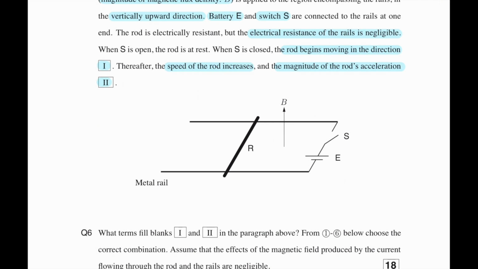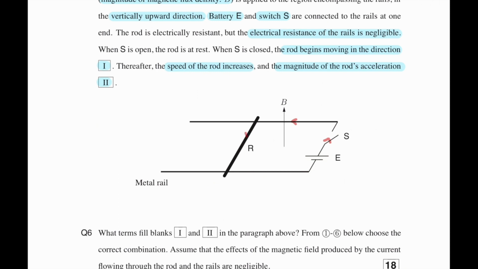As you can see in this diagram, when the switch is closed, current is flowing. The direction of the current flow is from the positive terminal of the battery to the negative terminal of the battery. So if I draw in this diagram, the direction of current flows this way.